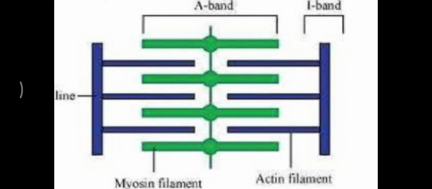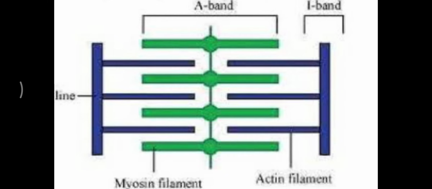The thick filaments or the A band are held together in the middle. The A and the I bands are arranged alternately. The portion of the fibril between two successive Z lines is called the sarcomere, which is also known as the functional unit of contraction.